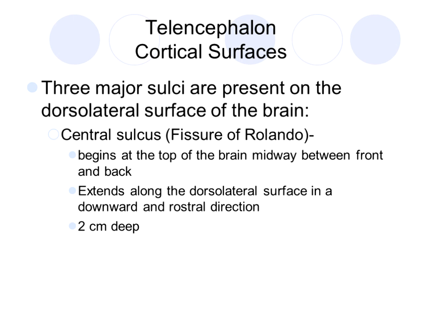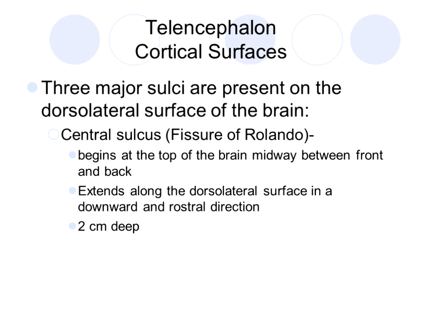So now we're going to learn the names of the sulci, but sulci, I believe, is the plural. So you have three major sulci that are present on the dorsolateral surface of the brain. You have the central sulcus, which is the fissure of Rolando.